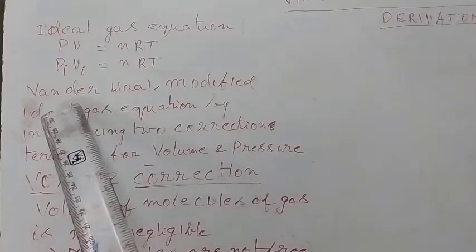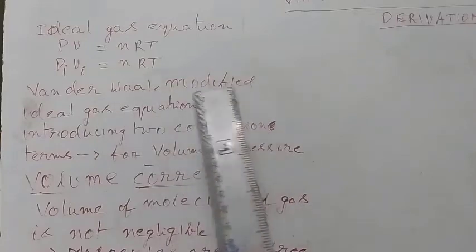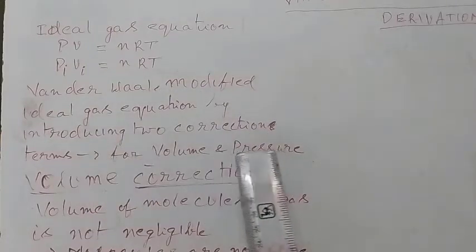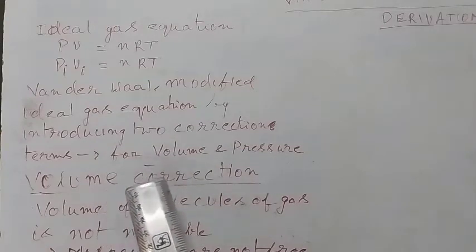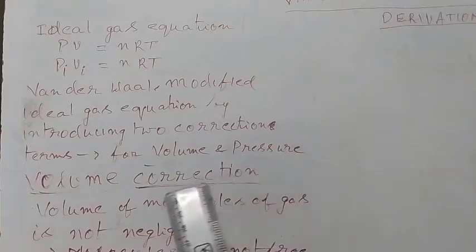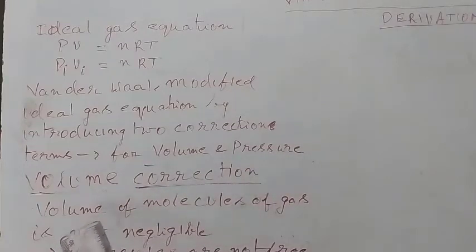Van der Waals in 1873 modified the ideal gas equation by introducing two correction terms, one for volume correction and the other one for pressure correction. So for volume correction, we have to recollect two assumptions of the kinetic theory of gases.